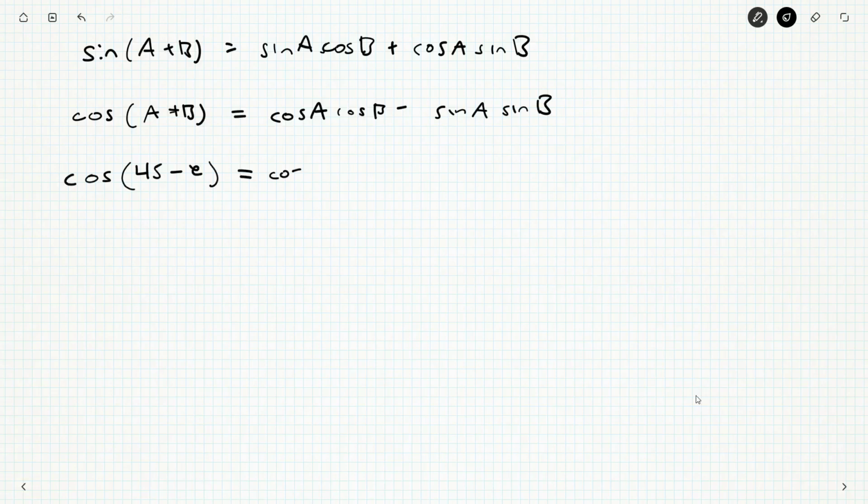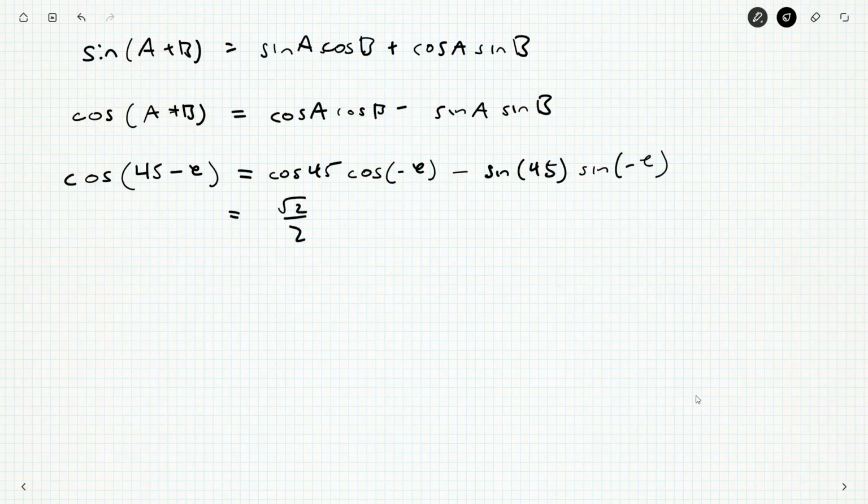So that's cos 45, something easy to figure out, times cos of negative phi. But cosine is an even function, so this will just be cos of phi. Minus sine 45, again something pretty easy to figure out, times sine of negative phi. Okay, so that's root 2 over 2, same as cos phi. Now the minus here and the minus from inside the sine will pop out and become a plus.